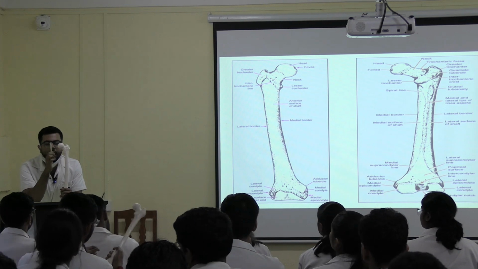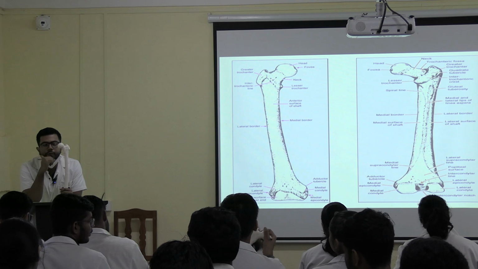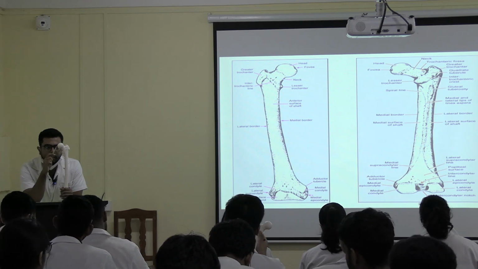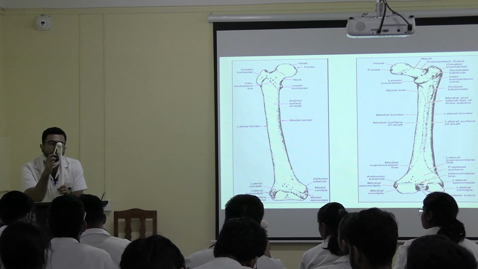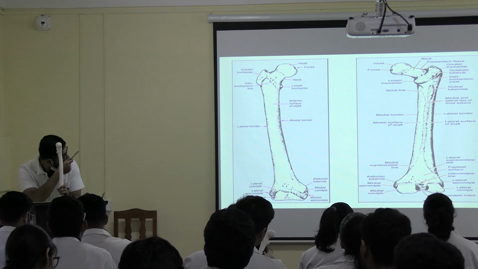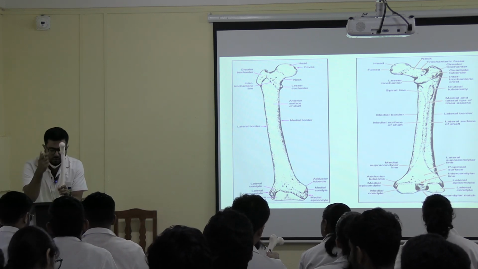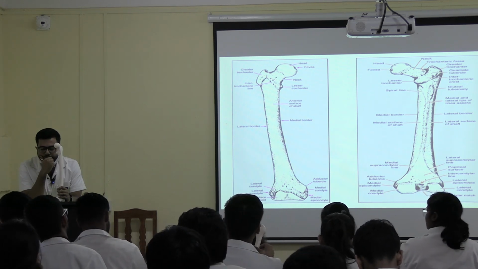There is this head, a globular head. First thing. On the head, there is supposed to be a groove here, a pit. This is called the fovea, which you can see here, but it is not on this artificial bone. This is about the head, nothing else.